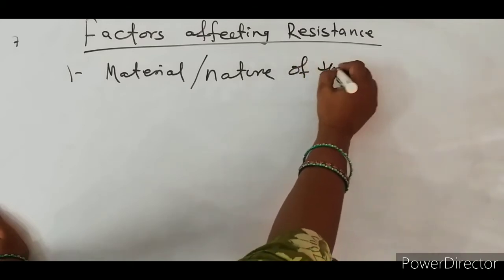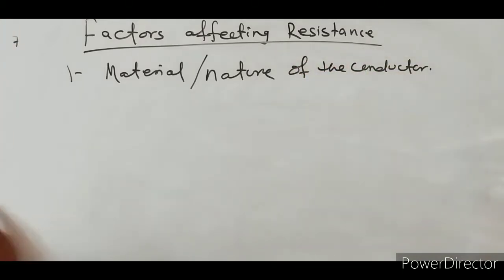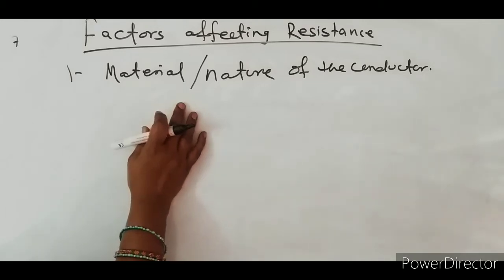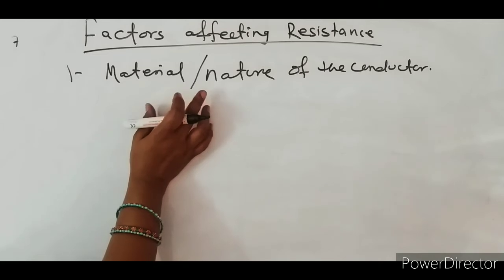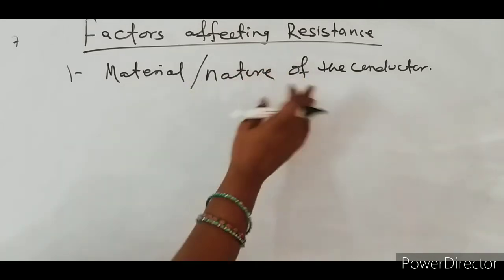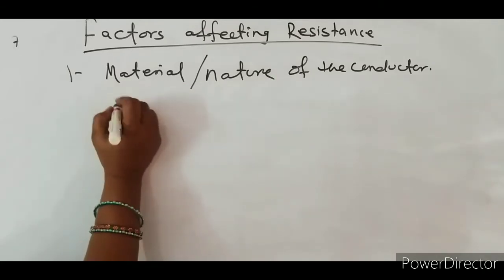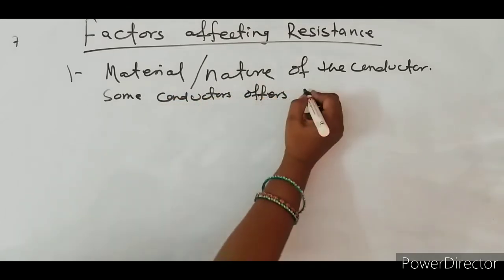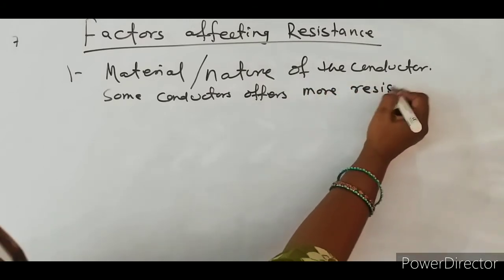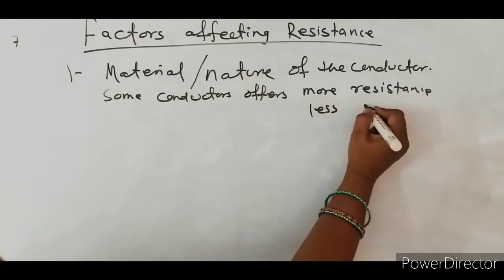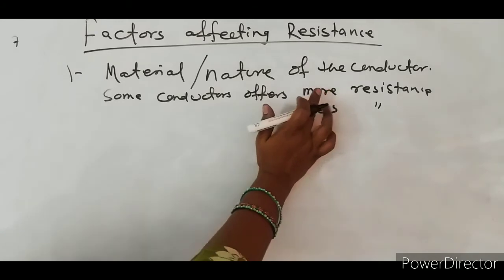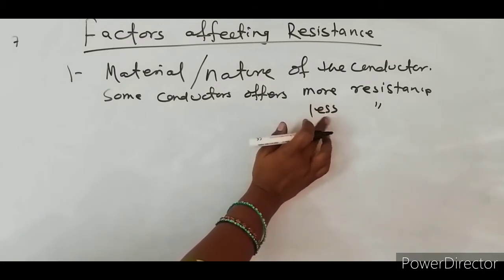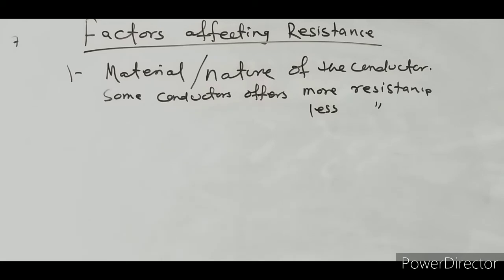Some conductors have more conductance because they offer less resistance, and some offer more resistance and have less conductance. Those who offer more resistance have less conductance; those who offer less resistance have more conductance. Clear?